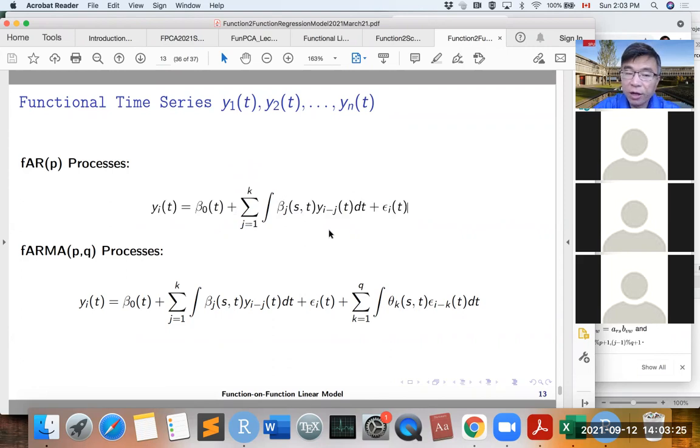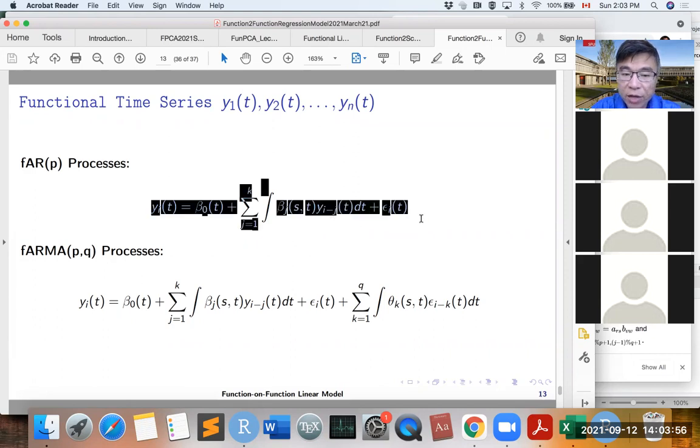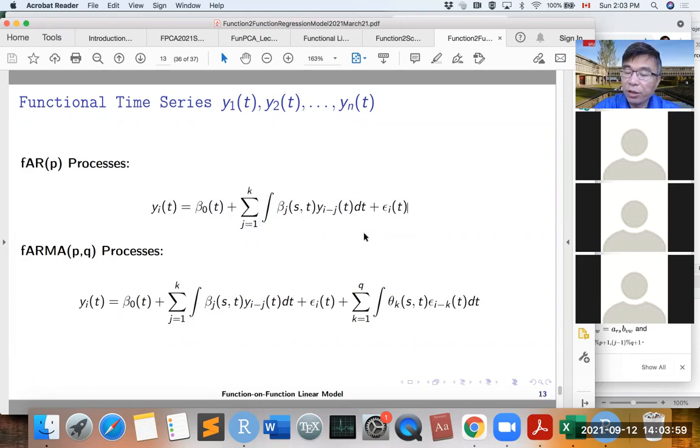Here this is the functional AR(p) model. You can see that we treat Y_{i,t-j} as the predictor, and Y_it as the response. So we will estimate the coefficient function beta j. For the estimation, you can see that it is actually the same as our general function regression, right? Yes.